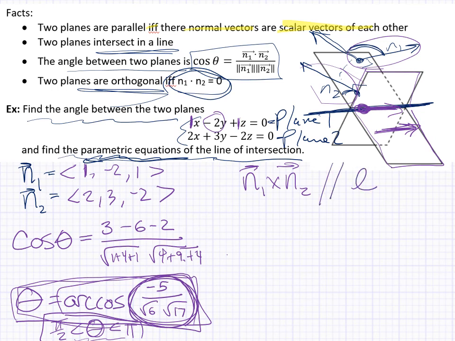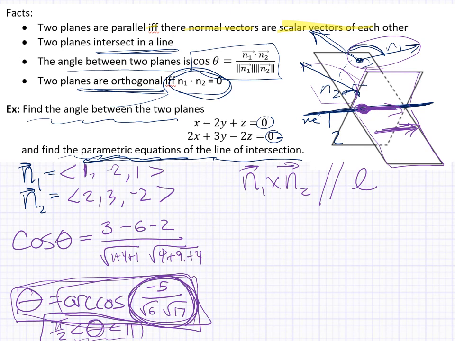All right. And then we need a point on the line. Well, we need to find a point, x, y, and z, that satisfies this equation and simultaneously satisfies this equation. So it satisfies both equations at the same time. Here's a cheat for this example. The cheat for this example is that both of these are equal to 0.